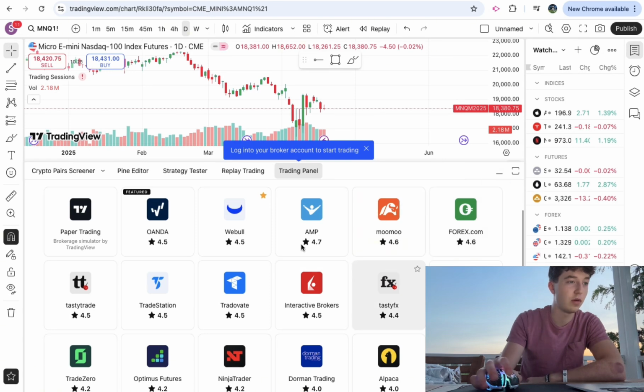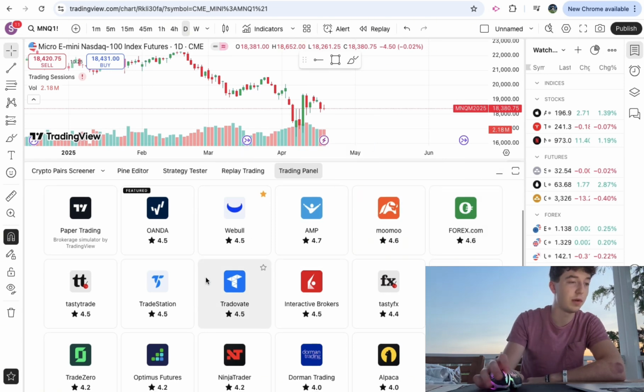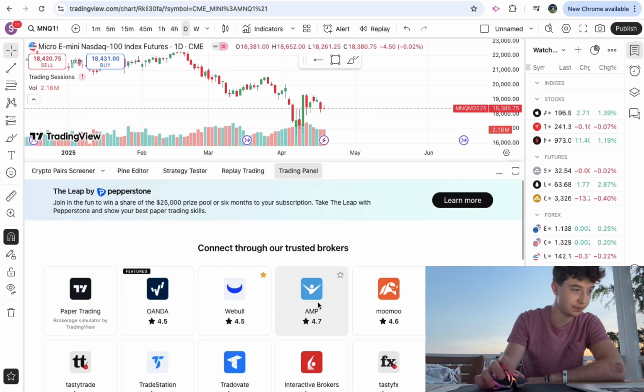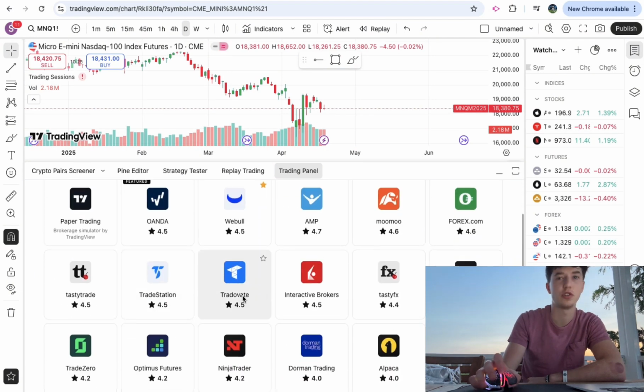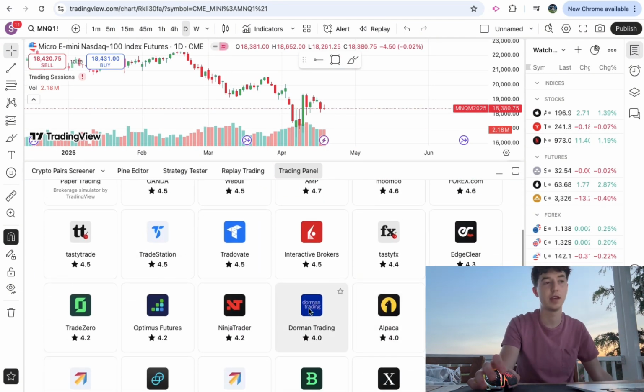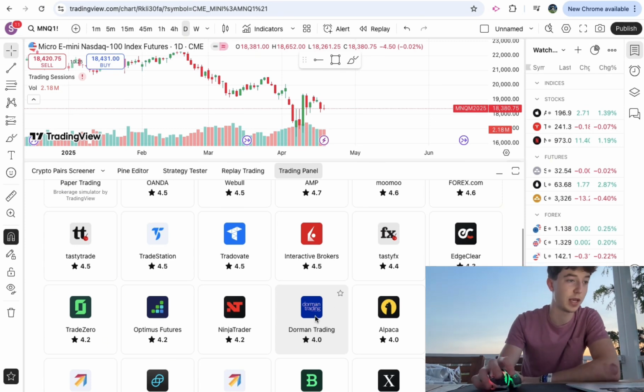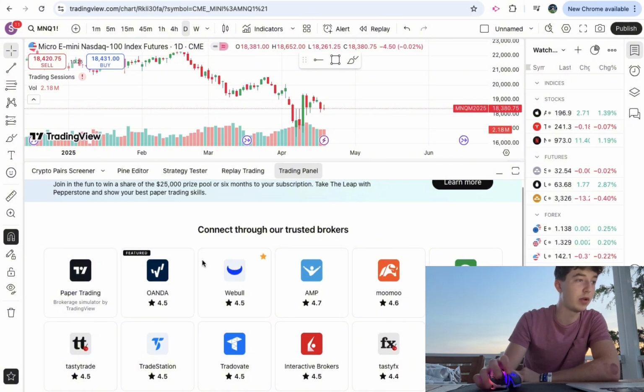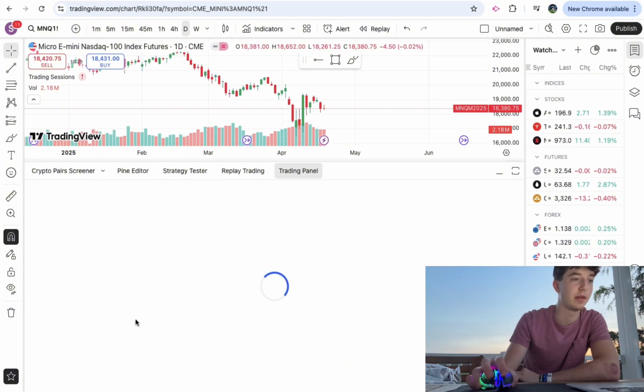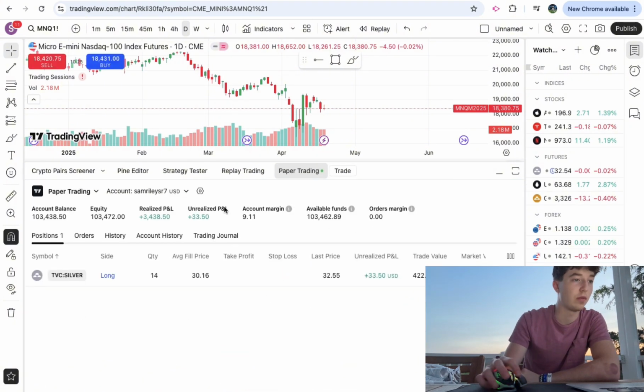So as you can see, you have all these brokerages, and you can connect them, and you can trade real money with them. That's a different video. Some brokers can't trade with TradingView charts. Some can, but what we're going to go over today is connecting with paper. So when you connect with paper trading, you already have an account, right?